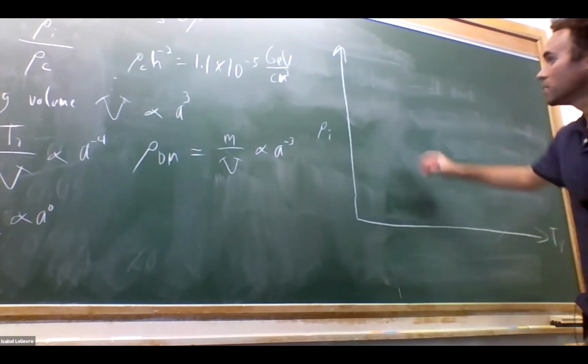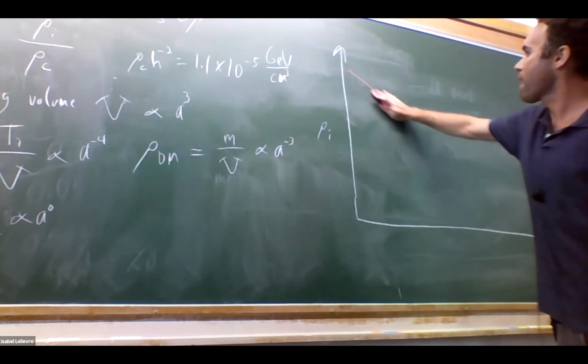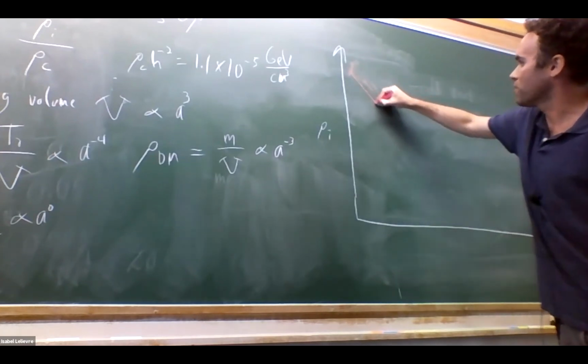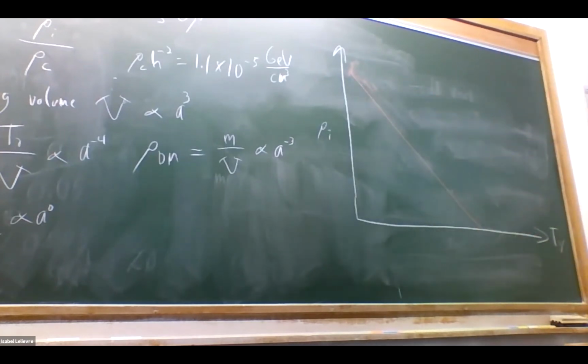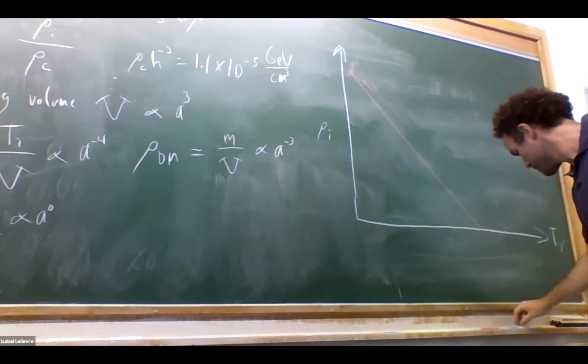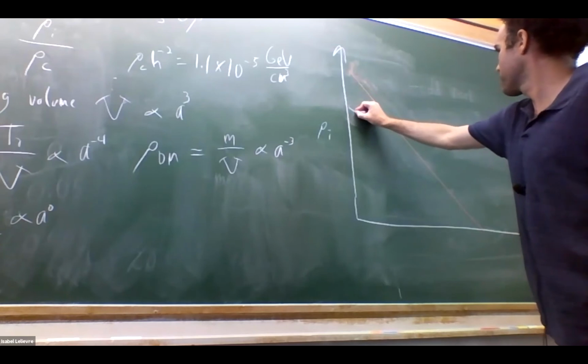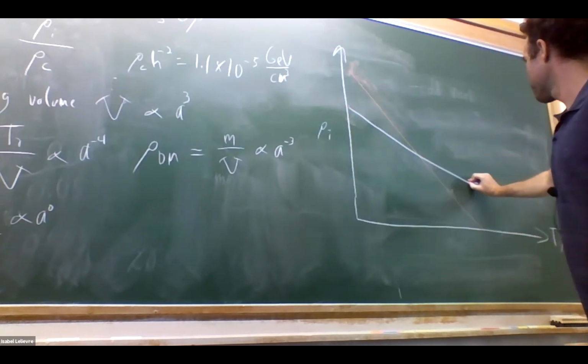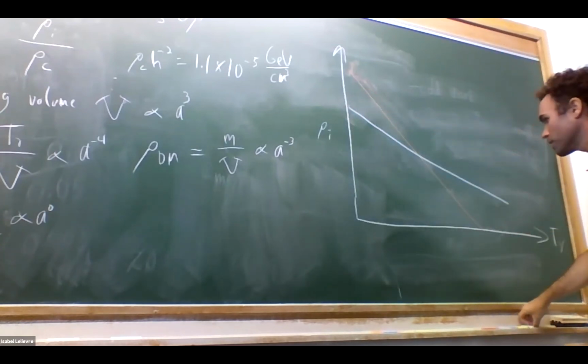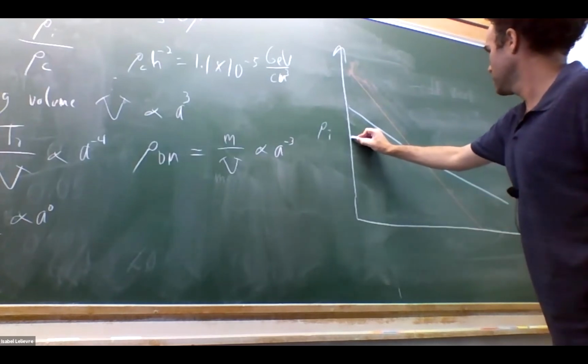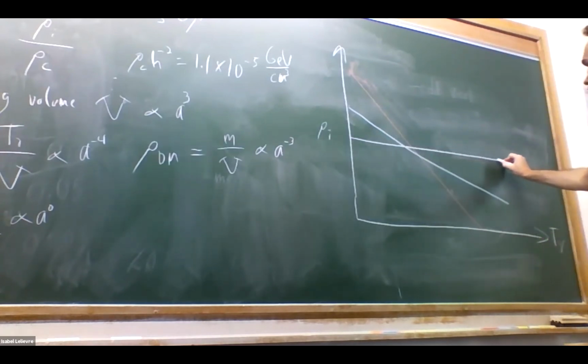So the radiation will fall the fastest. Let's take this to be the matter. Say this to be the cosmological constant.